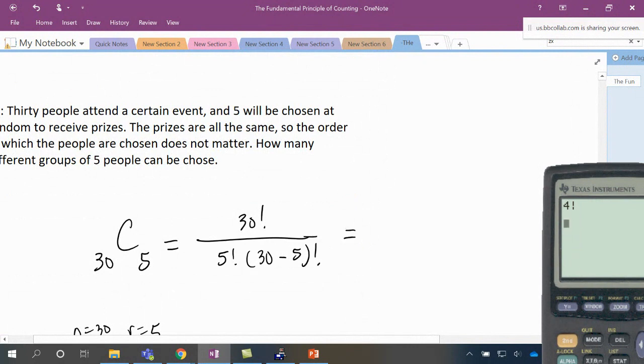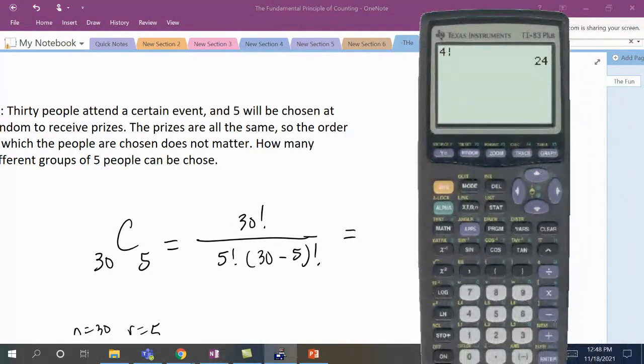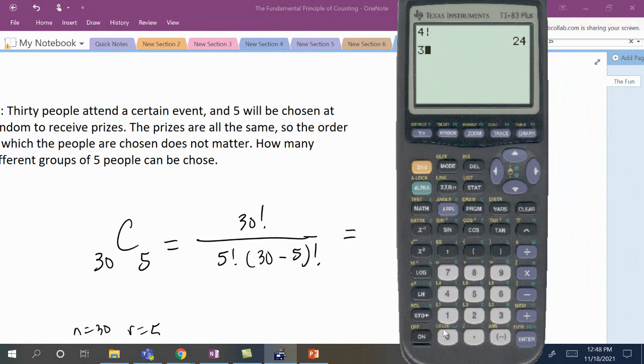Now I can calculate this using factorials, but on the calculator, there is actually a combination key. Let's see how that works. We have 30 choose 5. I'm going to put in 30, go into math, go back to probability, and the second choice is our combination.